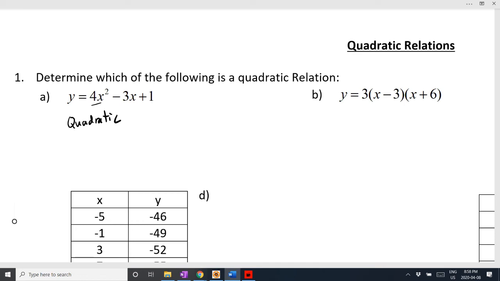Let's try B. From Desmos and the example before, we know that this is quadratic. Also, if we were to expand this, we will see that the highest degree of the trinomial that is formed is going to be x squared, and so that's another clue for it being a quadratic.